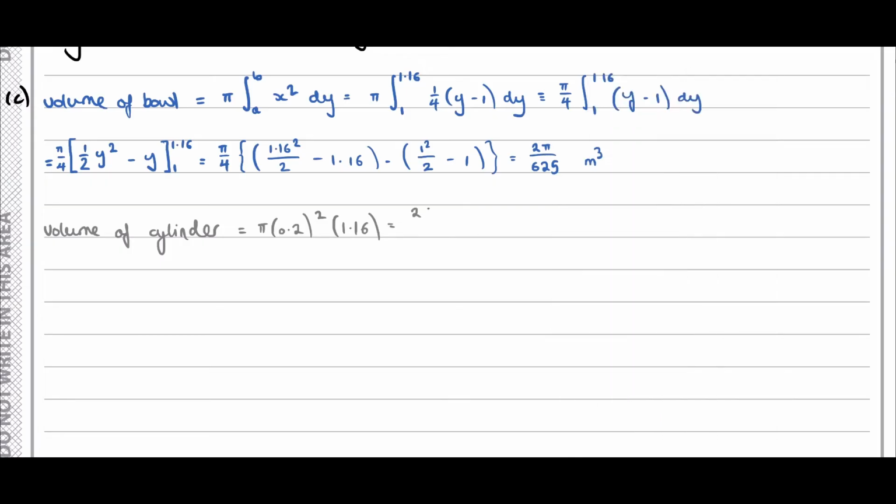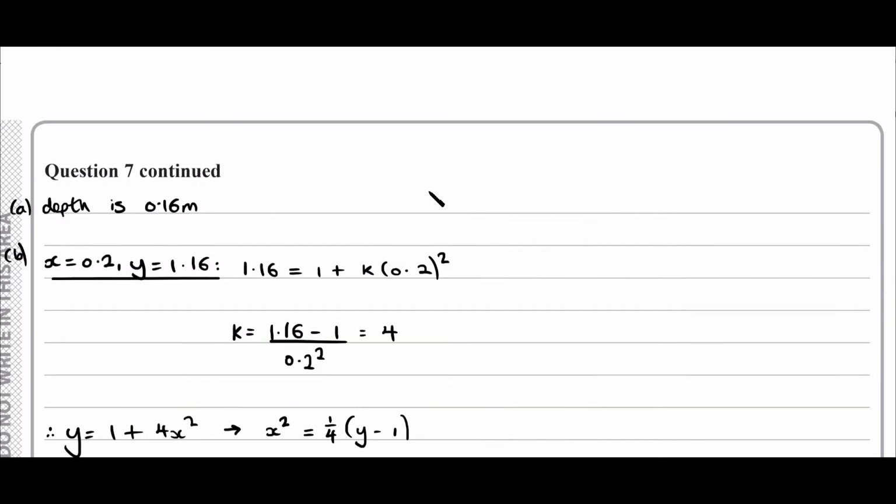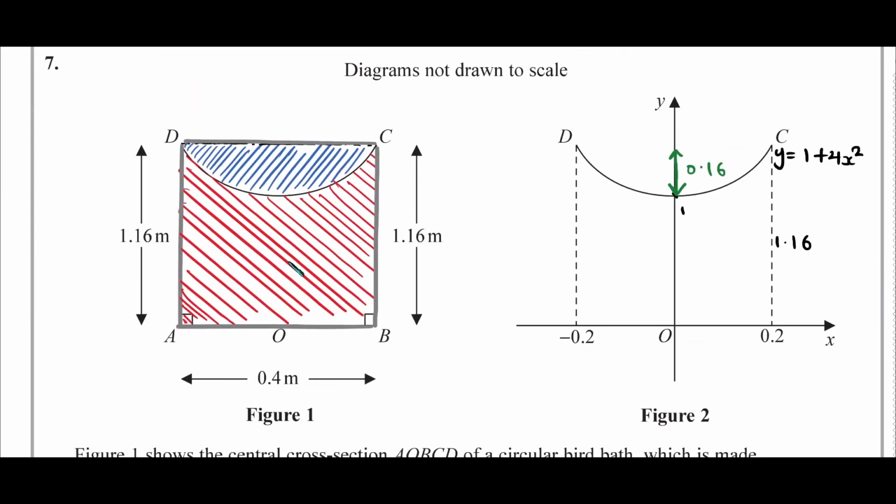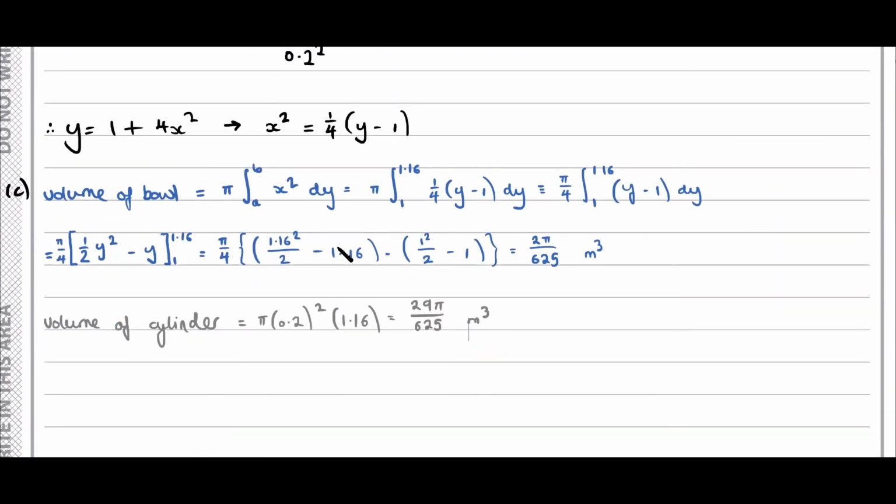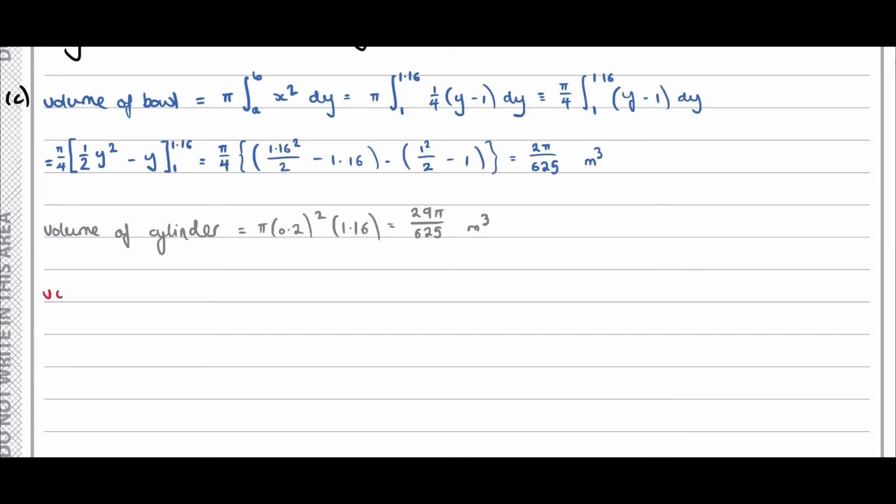And therefore, the required volume of concrete, which is the bit shown in red, the volume of the concrete will equal this bit, the 29 pi over 625, minus the bit in blue, which is 2 pi over 625.